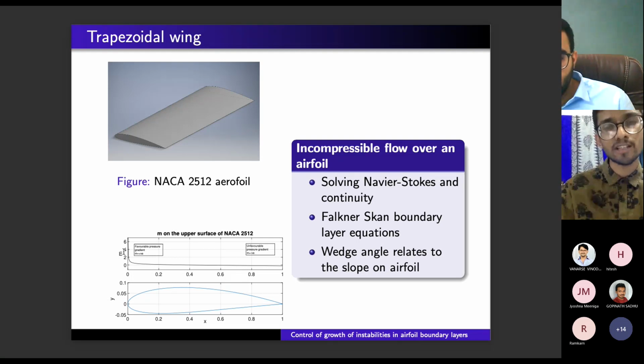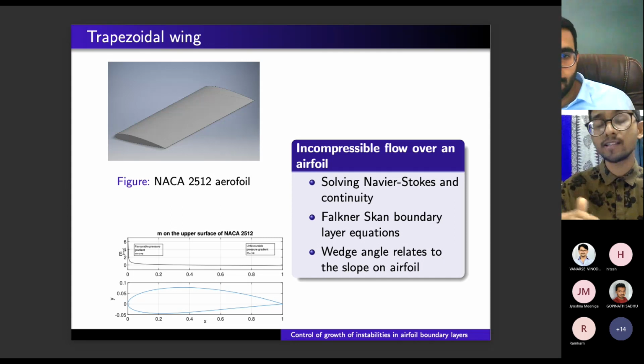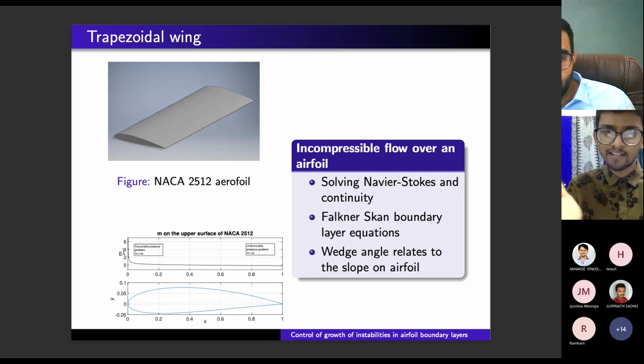And then we approximate the flow with the Falkner-Skan boundary layer equations, as it's the equation of an inclined flat plate, a flow over a wedge. If you see somewhere in the middle, there will be a tangent which is horizontal, corresponding to slope equals 0, m equals 0. And that would correspond to the Blasius boundary layer equation.